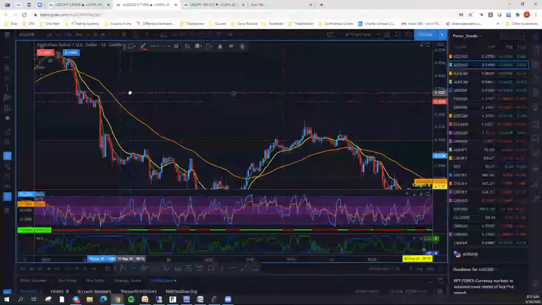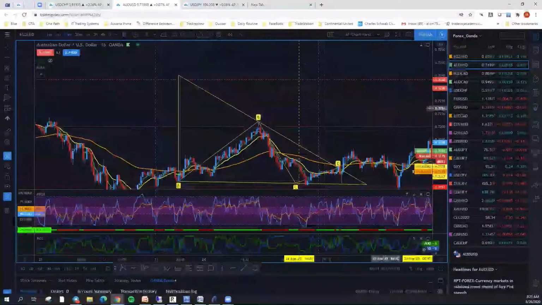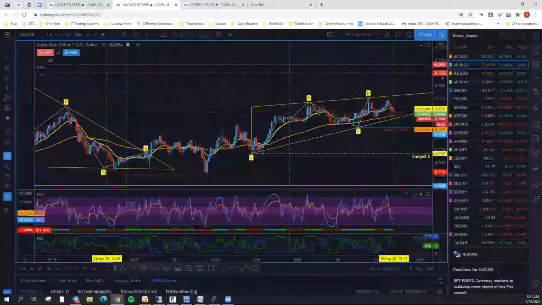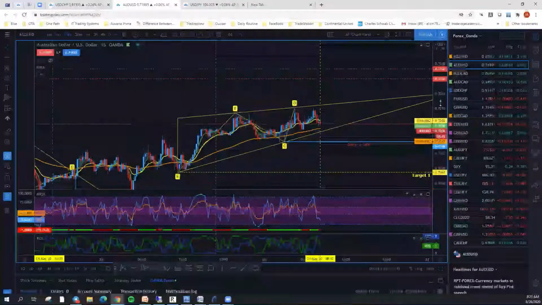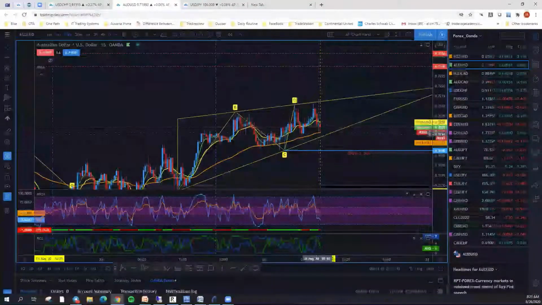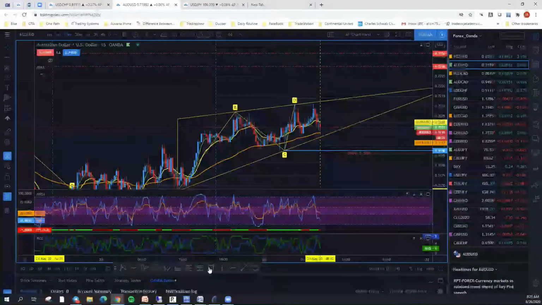Here's my zone. Come over here. So that would be my target. If this thing can break this whole area, this is my target up in here. And right now I'm looking to see if we can get a bounce off of this on the 15. And then this up here is going to be my target zone.